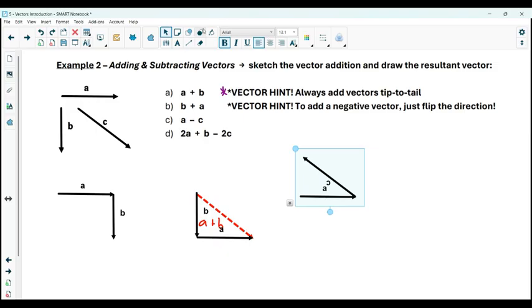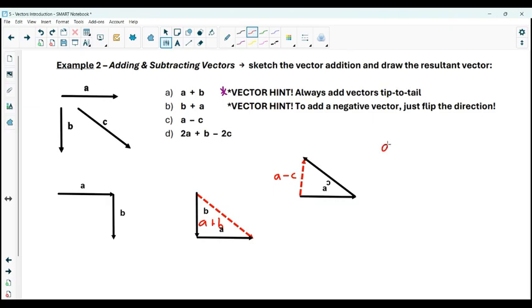And now my resultant vector, if I go back to my pen here, is going to look like this. I'm going to start here and go up to here. So that one is going to be my A minus C.